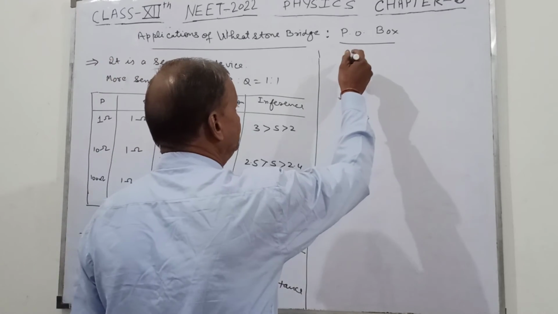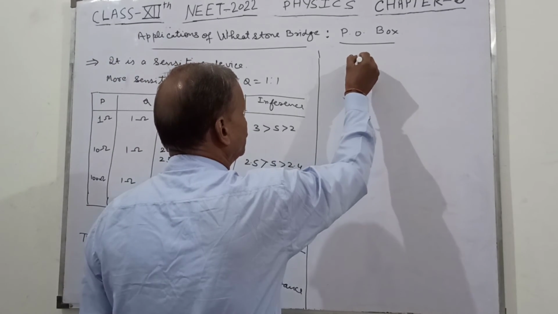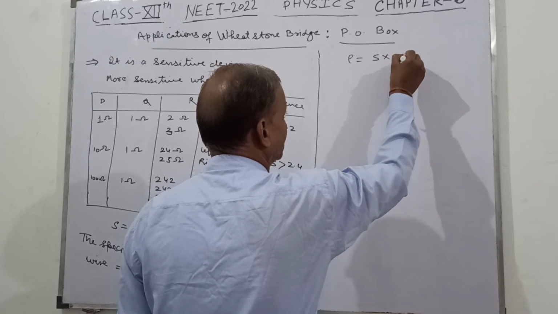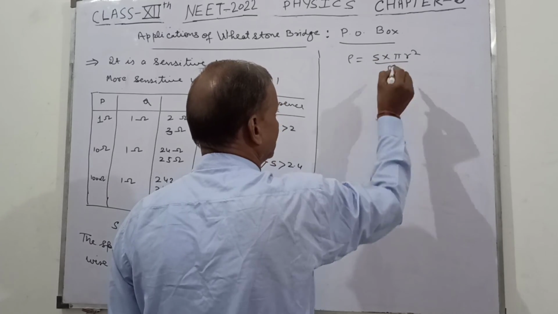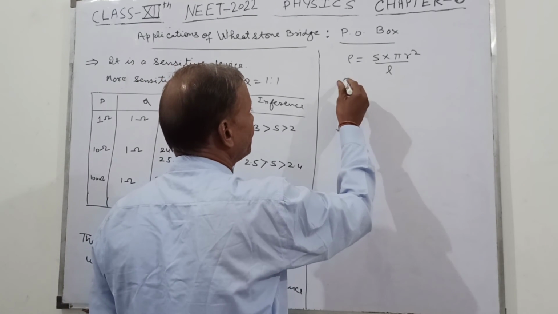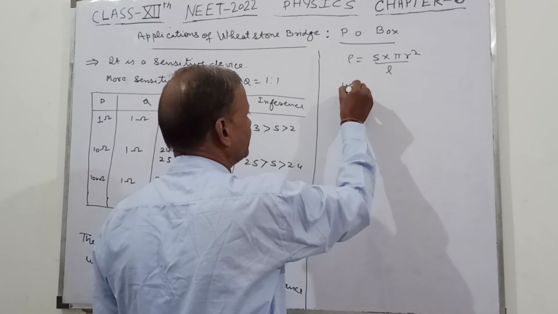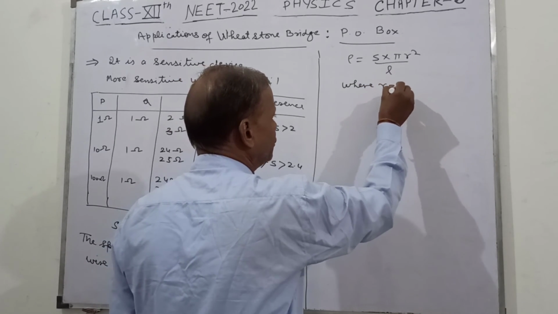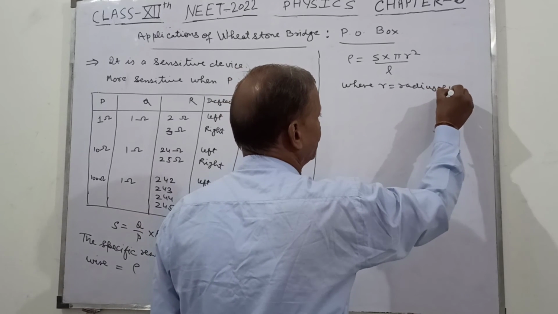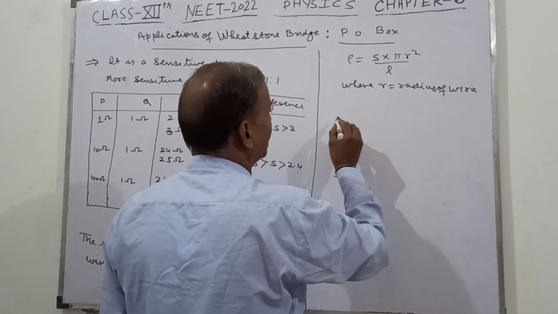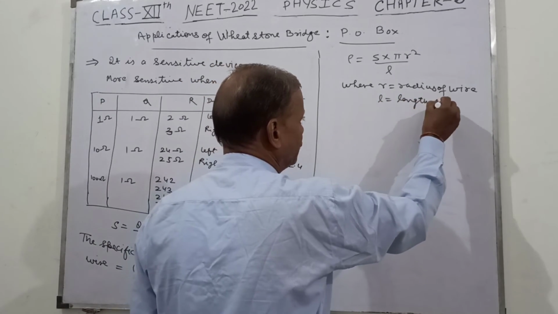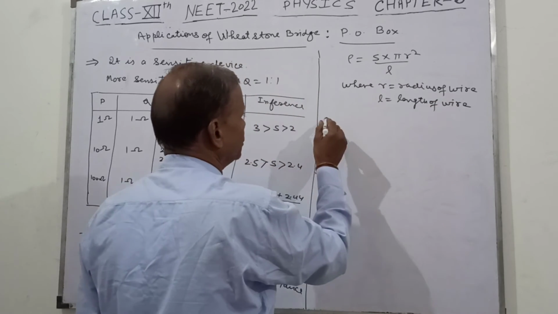So what we have? We can use rho equal to S into pi r square upon L, where r equal to the radius of wire and L equal to length of wire.